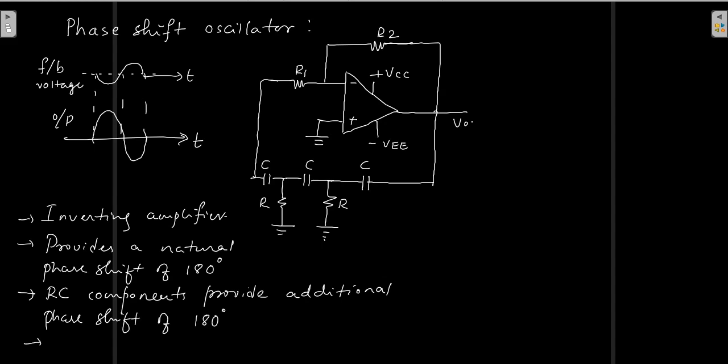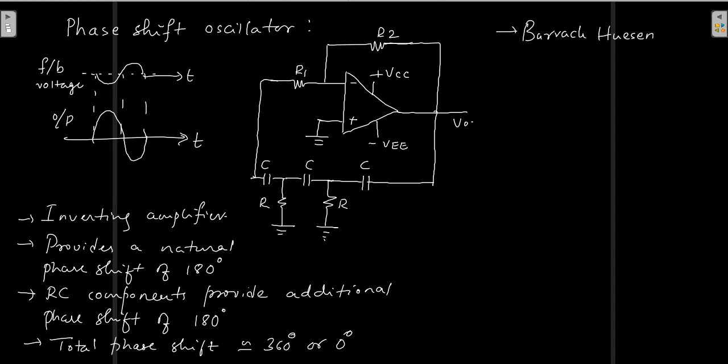So the total phase shift is approximately 360 degree or 0 degree. So your Barkhausen criteria is satisfied.